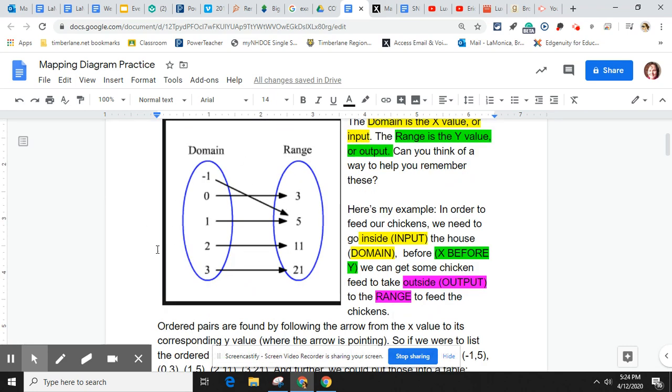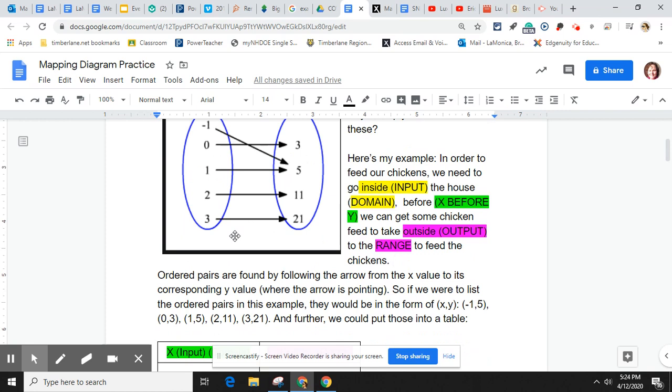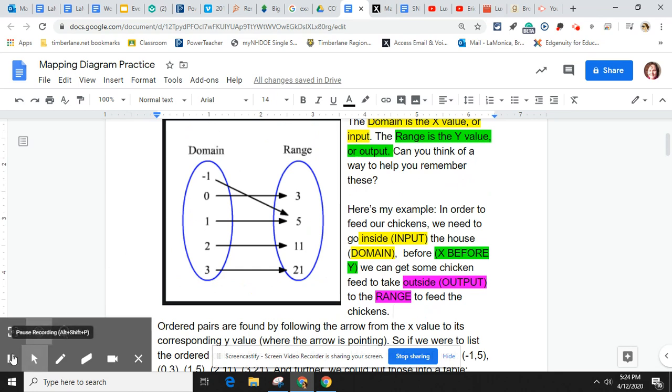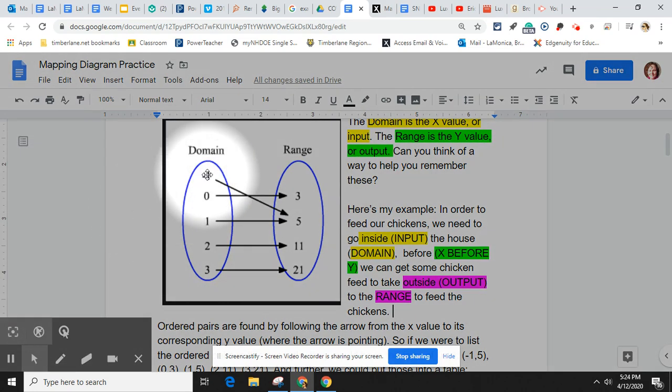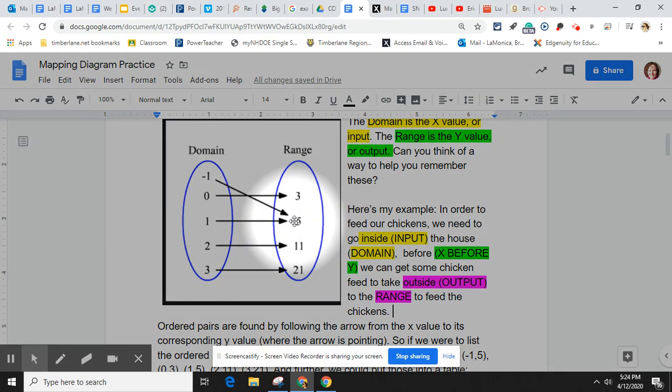When you've got a mapping diagram, you can also form ordered pairs. The way you do that is you take the x and you match it up with its corresponding y, where the arrow is pointing. For example, -1 would go with 5, 0 would go with 3, 1 would go with 5, 2 would go with 11, 3 would go with 21.